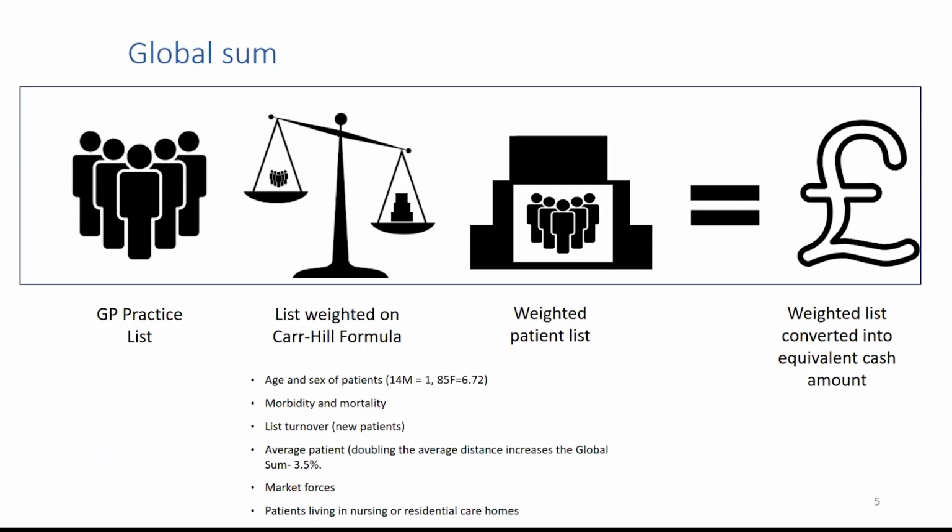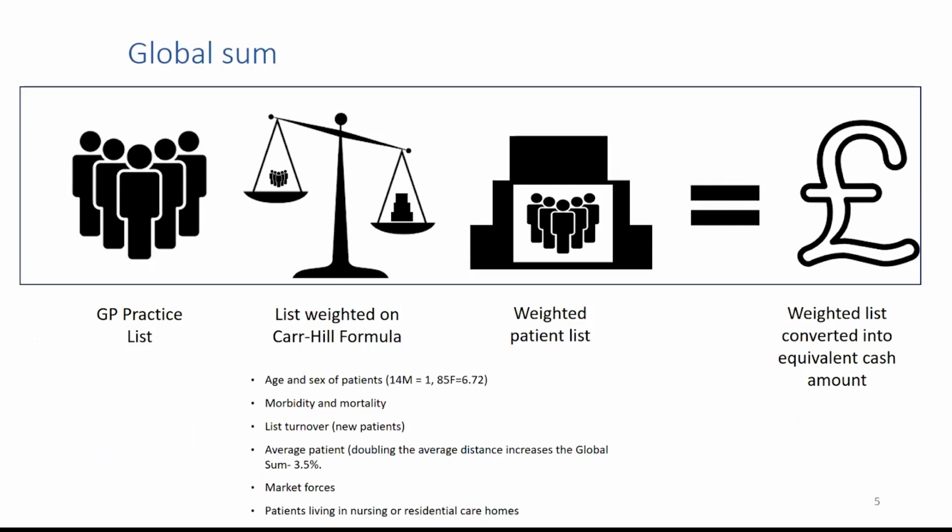Okay, so here we look at the global sum. Now remember, this makes up about 50% of total general practice funding. So essentially, there are two main drivers that push this global sum. The first is drivers of workload, and then the second is drivers of unavoidable costs.